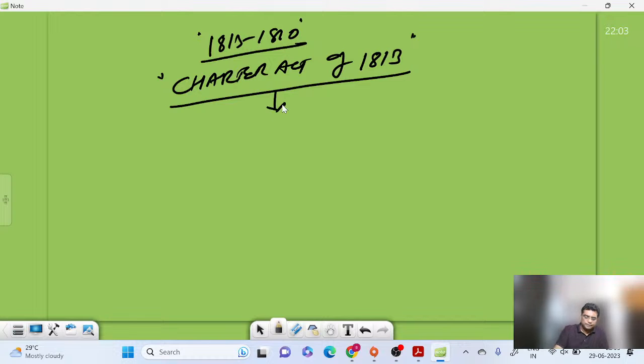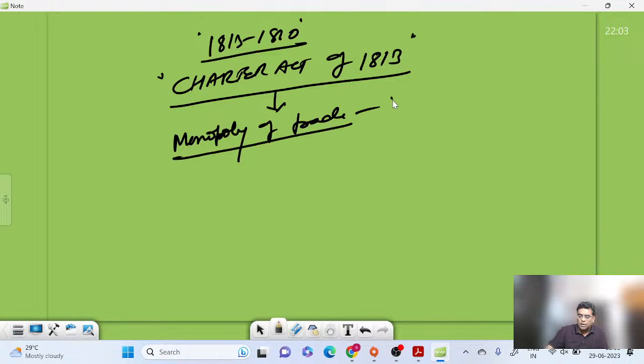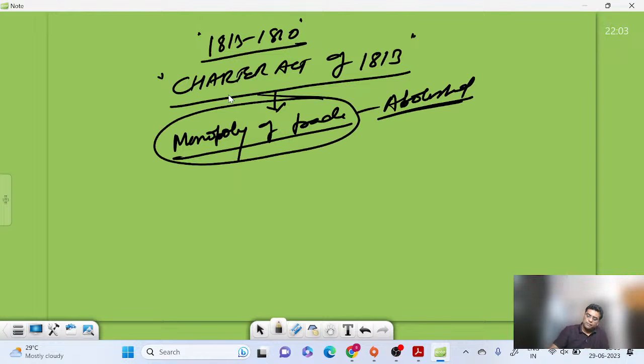In the Charter Act of 1813, the monopoly of trade was abolished.